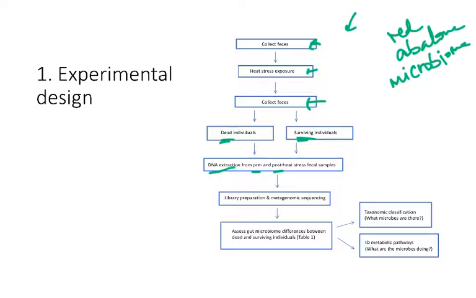We then need to prepare our library for metagenomic sequencing. We'll talk a little bit more about the library preparation in the next lecture, where we talk more about the logistics of genomics and transcriptomics, but library preparation is a component of high throughput sequencing.